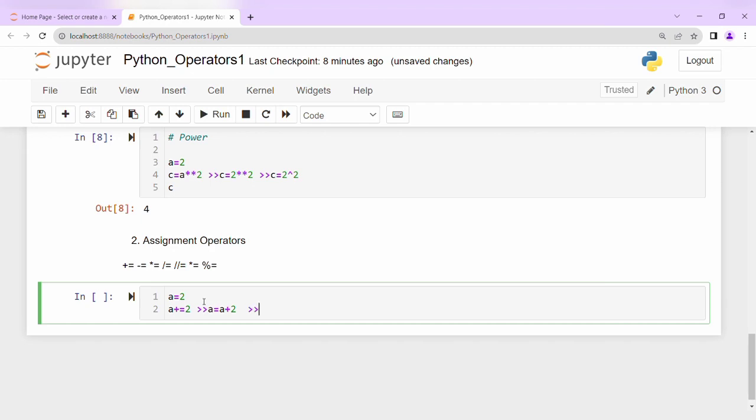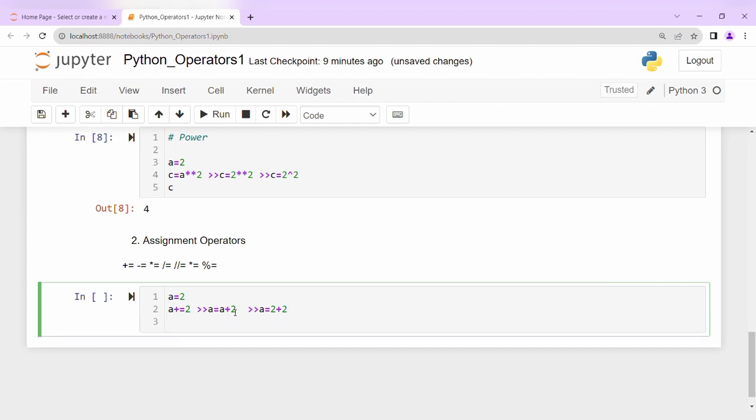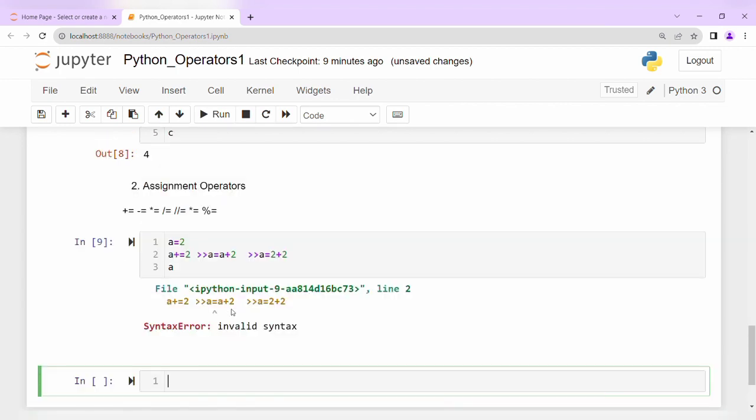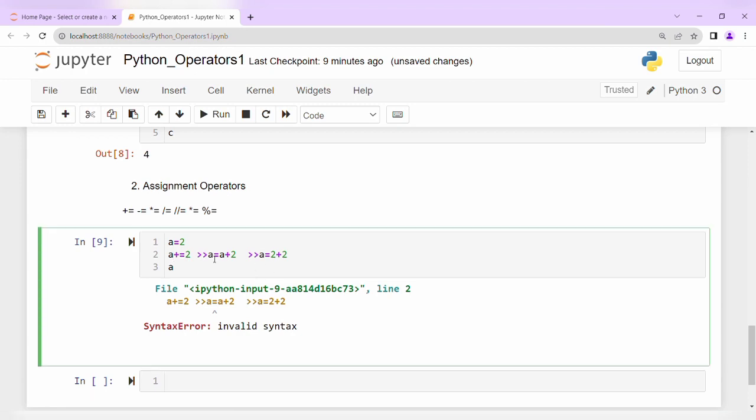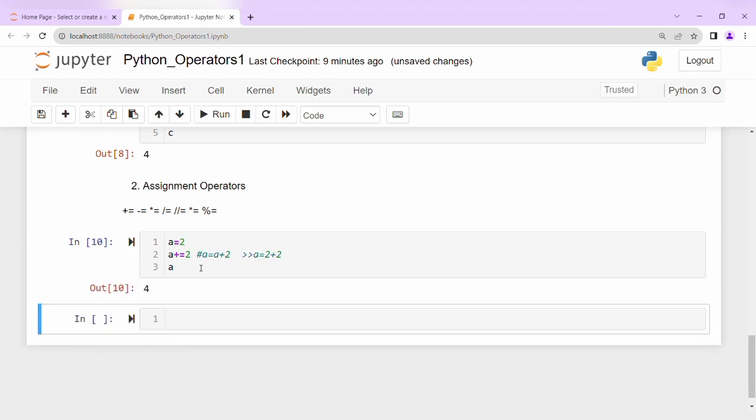So the initial value of A is 2, so we have to do the addition with 2. So see the value in A. This is a comment, so write it with hash. So A plus equal to 2 is nothing but A plus 2. So 2 plus 2 is equal to 4.